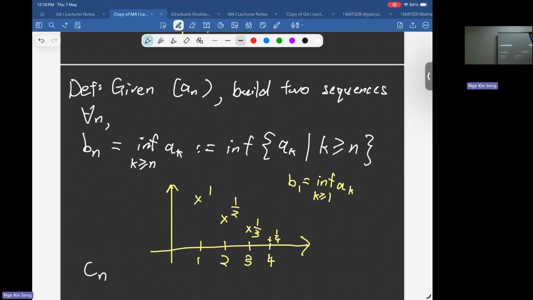Okay. So infimum of A1, A2, A3, A4, A5, A6. So what's the infimum of this sequence 1 over N? What's the infimum? 什么是 infimum？快点，旁边跟他讲呀。Greatest lower bound.